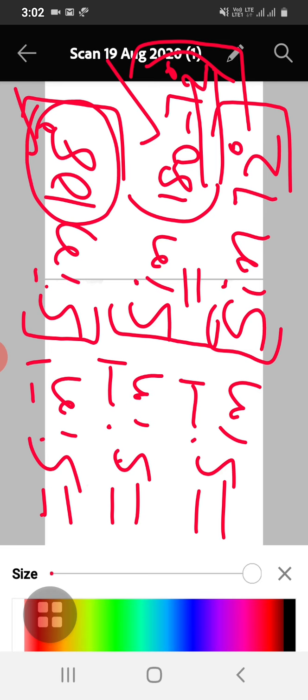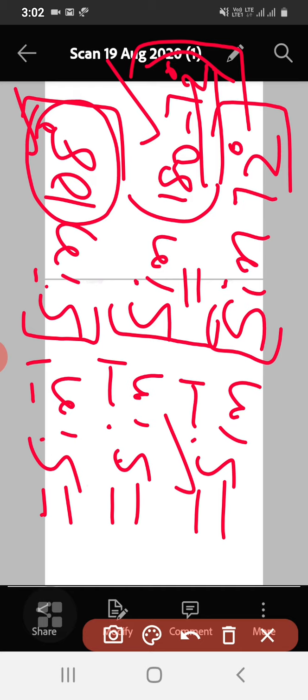I hope it's clear. 180 minus 72 lies in the second quadrant, and I get the angle as 72 degrees. I will write this step on the next page.